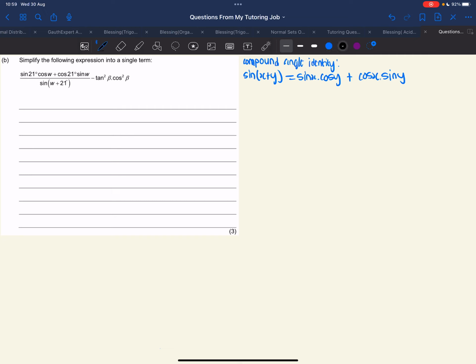Now the question above, we're given sine 21 degrees cos w plus cos 21 degrees sine w.